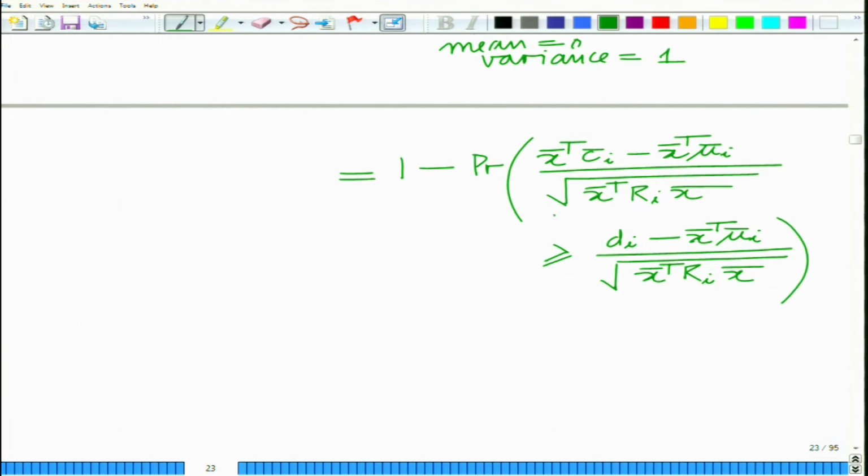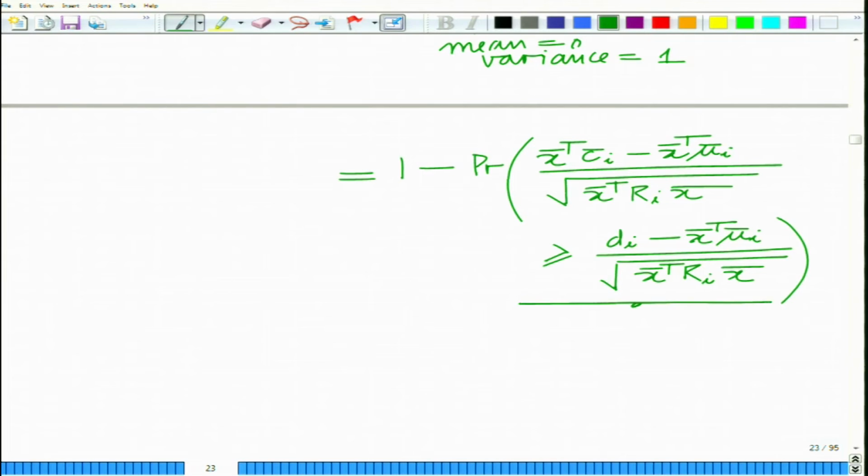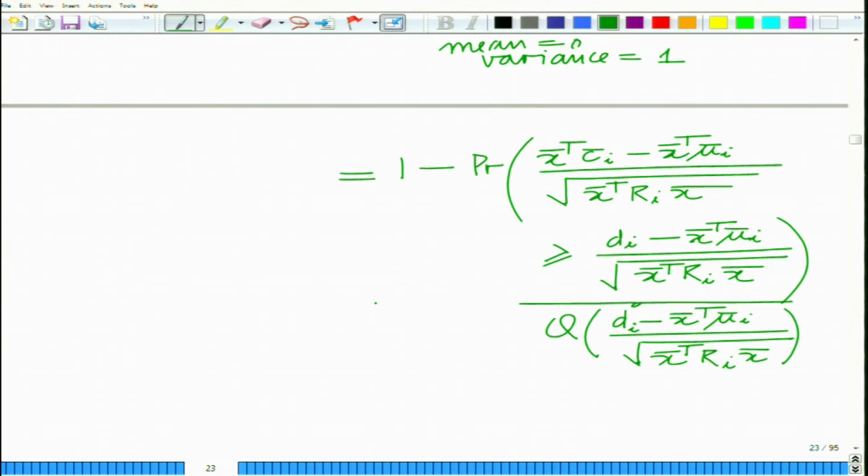And now we have the probability that the standard normal random variable, mean 0, variance 1, is greater than or equal to some threshold, that is given by the Q function. So, this quantity is nothing but the tail probability of the standard normal, which is equal to Q of (di minus x bar transpose mu bar i) divided by the square root of x bar transpose Ri x bar, very elegant.